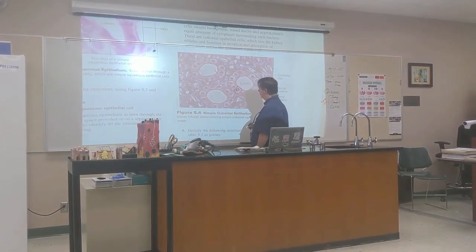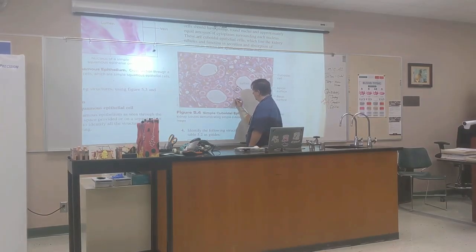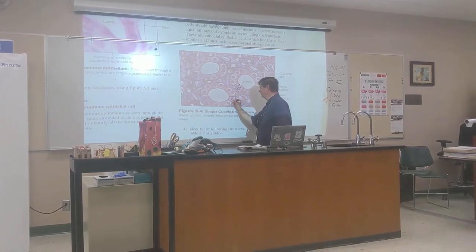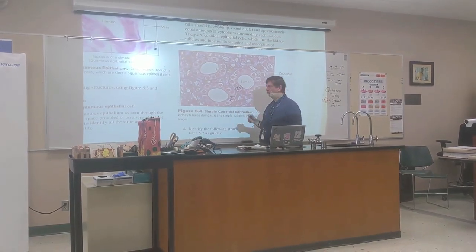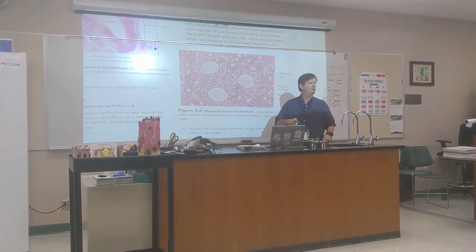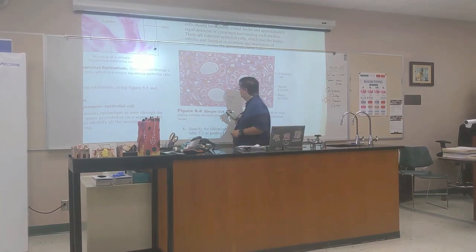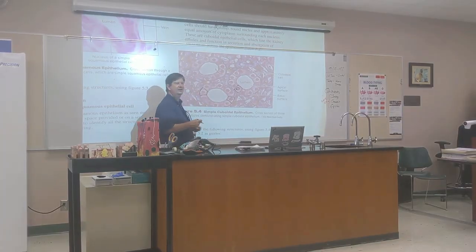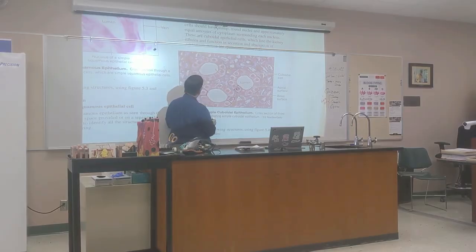But there are some that it's very much imagination to call that a cube. So what do we know? If it's kind of the same height and width and the nucleus is round, we're going to call it cuboidal, even if it clearly is a trapezoid shape, because we don't have trapezoidal tissue.